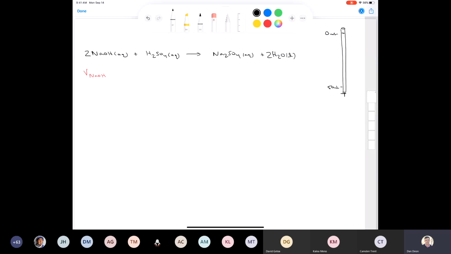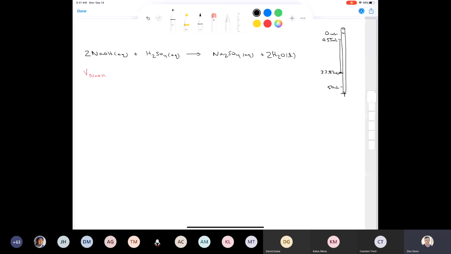And you can read a burette to 2 decimal places, to the 100th place. So they're saying you're starting with 0.55 mils. That's where you're starting. And then by the time your titration is done, you read the burette again, and it says 33.87 milliliters.